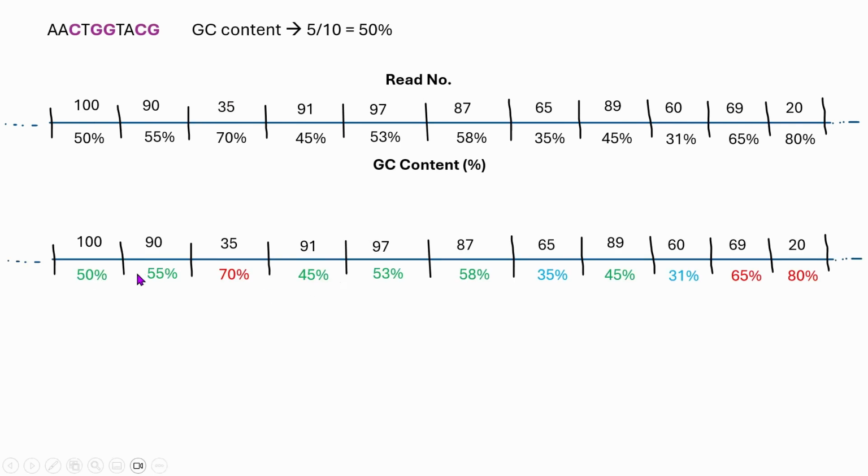You can see when the GC content is close to 50%, for example these green ones, the number of reads is relatively higher. But when the GC content level is much higher than 50% or much lower than 50%, then the read count actually reduces quite a lot. So that is something you should hang on to at first because that is the basis of GC bias.